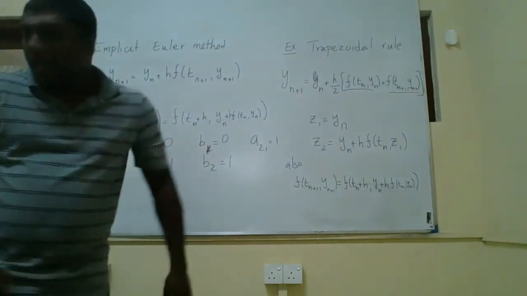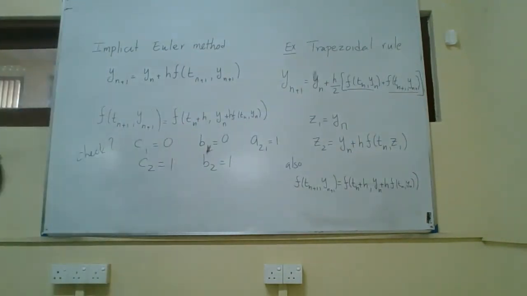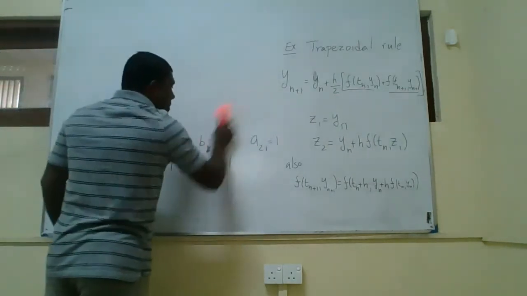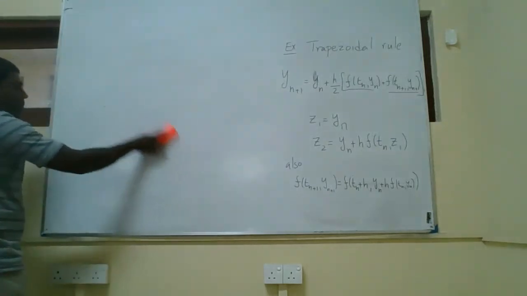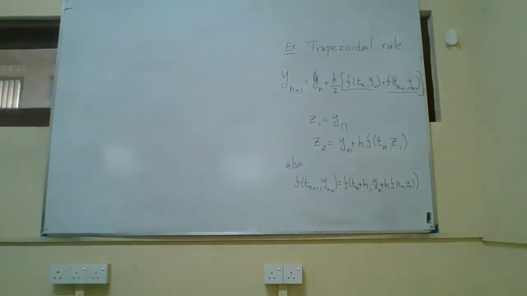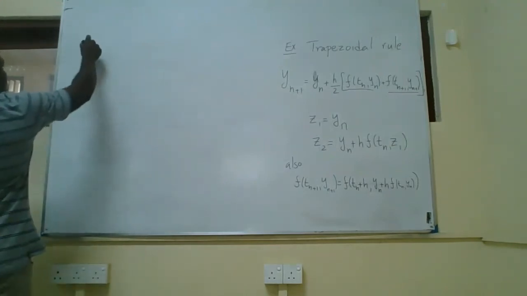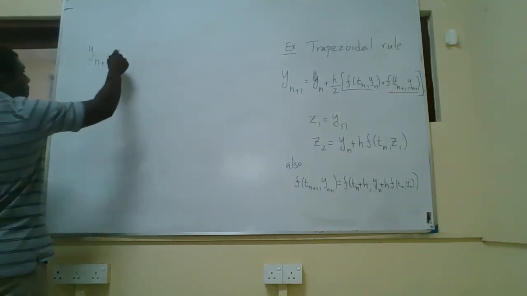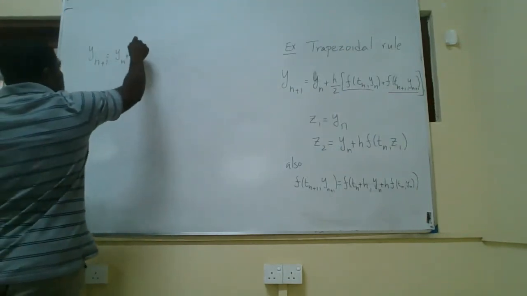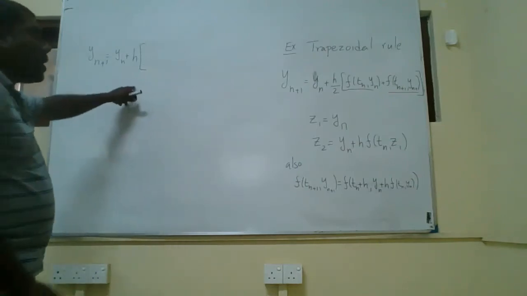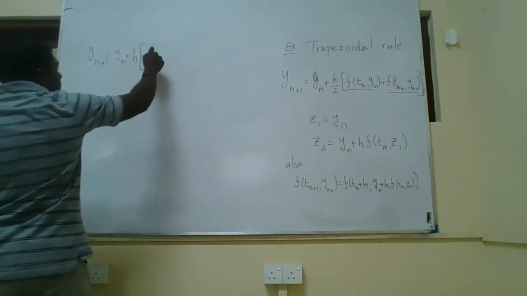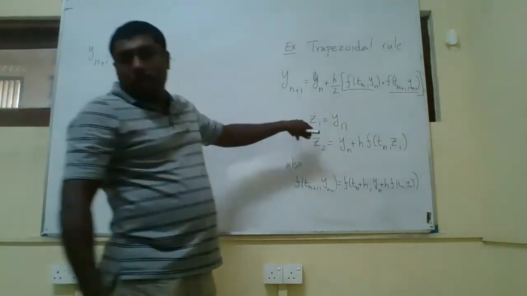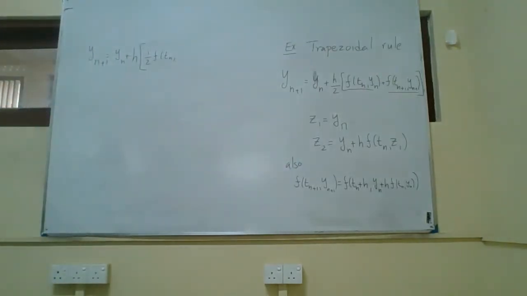So basically, you will have this. Your y_{n+1} is equal to y_n plus h times, let me write it down, 1/2 f of t_n, z1, because when you write the formula, you write in terms of z's.